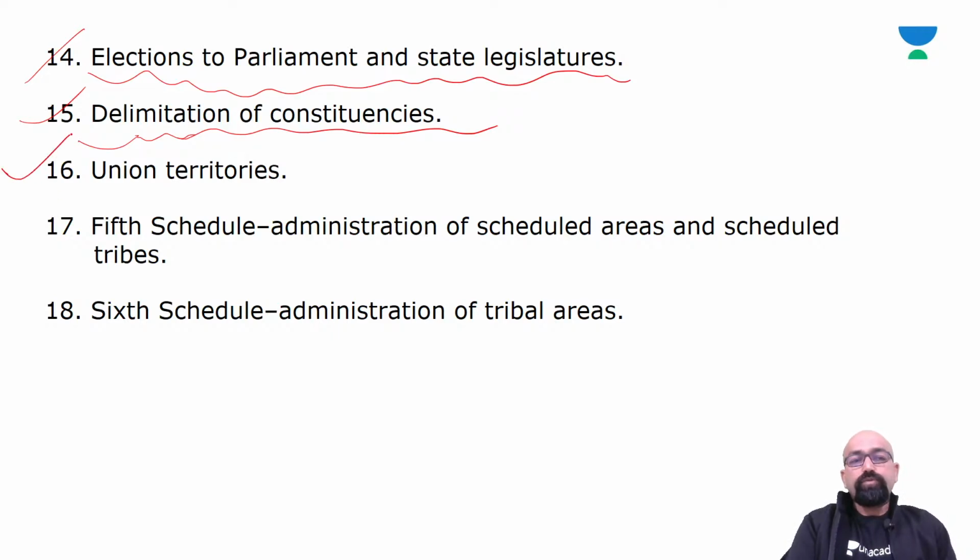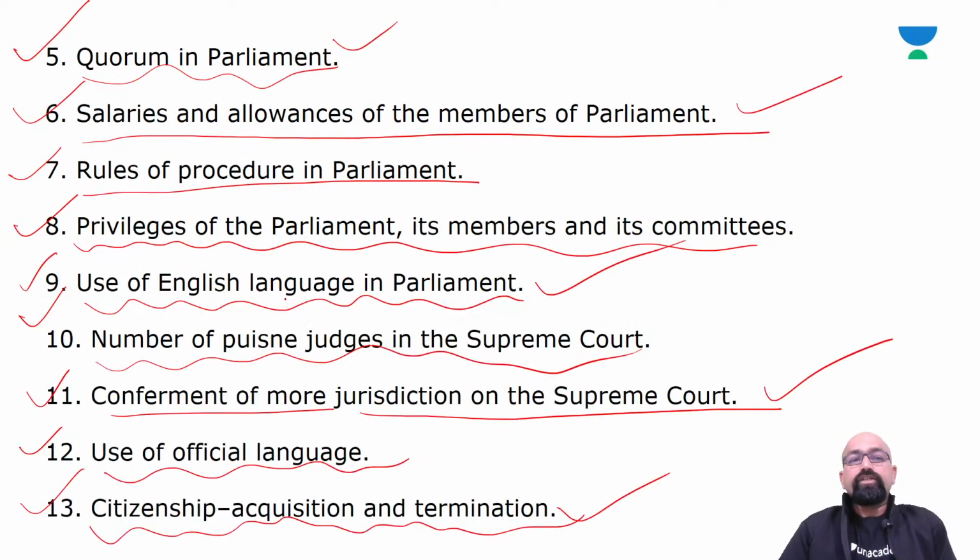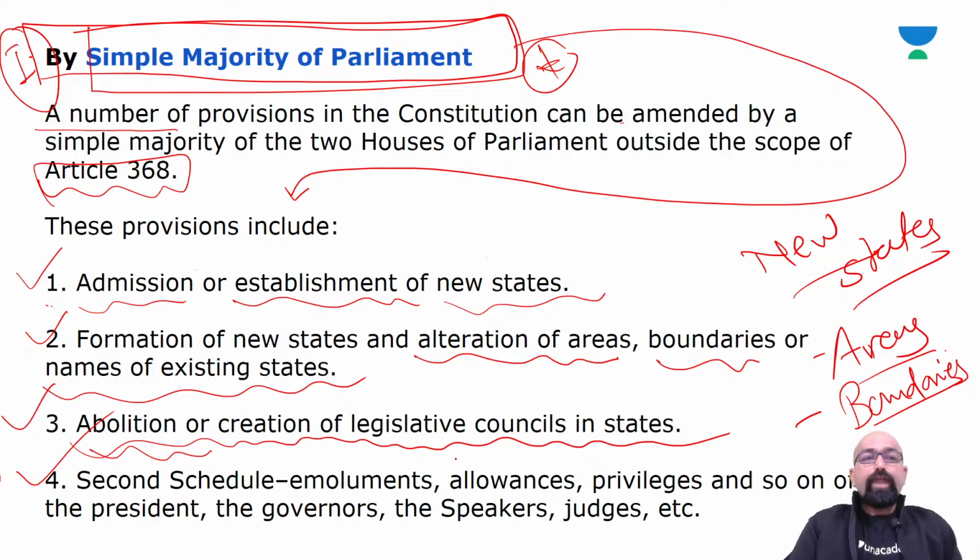Next provision is related to the union territories and fifth schedule, that is administration of scheduled areas and scheduled tribes. This provision can be amended with the simple majority of Parliament. And next is sixth schedule, that is administration of tribal areas. So these are the few provisions that can be amended through simple majority of Parliament, which is mentioned in article 368. Now we'll take a recap of these provisions.